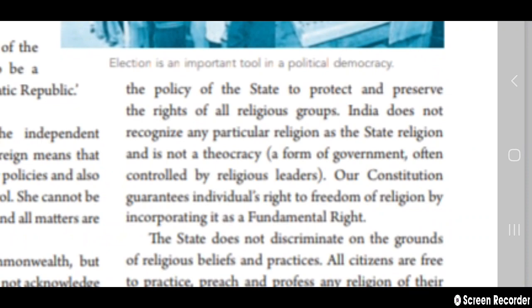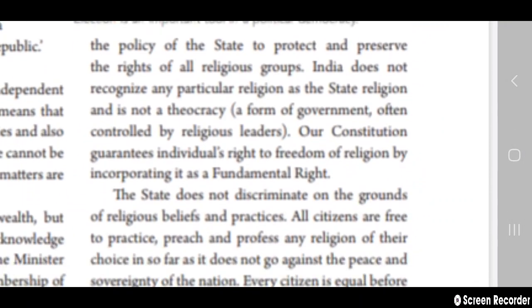India does not recognize any particular religion as the state religion. It is not a theocracy, a form of government often controlled by the leaders of different religions.